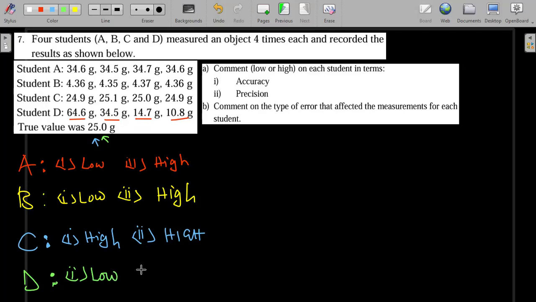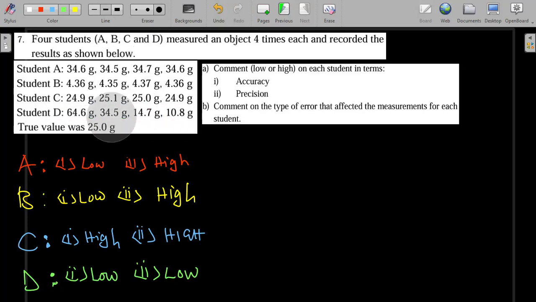What about the precision? You can see we have 64, 34, 14, 10. So there's no preciseness there. The precision here on student D is also low because these numbers are not closer to each other.